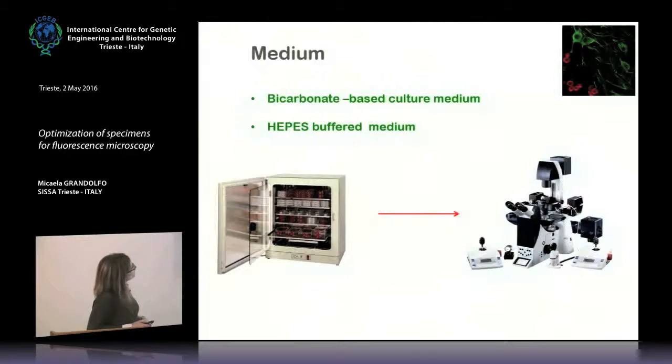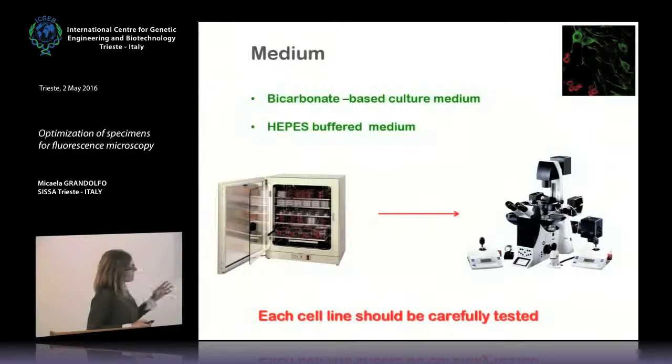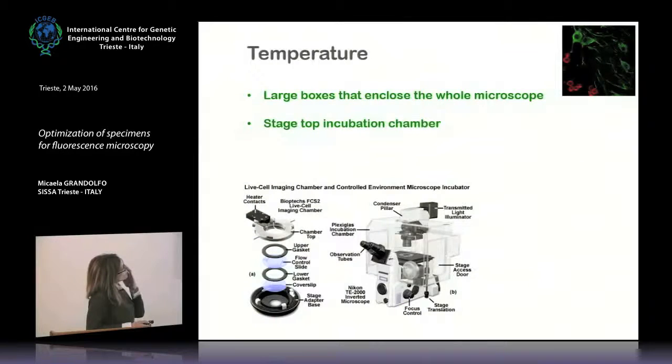Okay. So remember, each cell line should be carefully tested for the tolerance of a lack of carbon dioxide. Okay, the temperature. In live cell imaging, you also have to control the temperature.